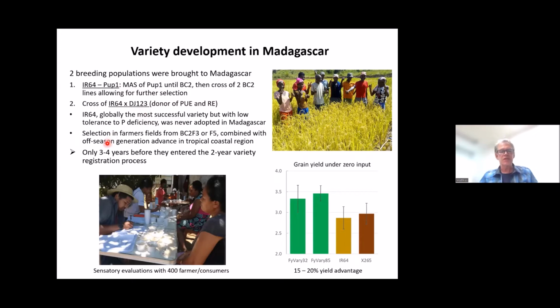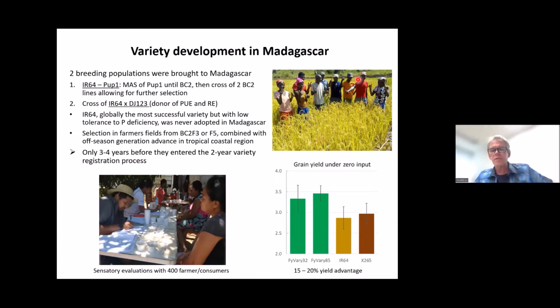We've done all our selections in farmers' fields. We did part of the work in Japan already. We brought breeding lines from crosses made in Japan to Madagascar, and we combined it with off-season generation. As a result, we were rather fast in producing advanced breeding lines that could enter the two-year variety registration process.